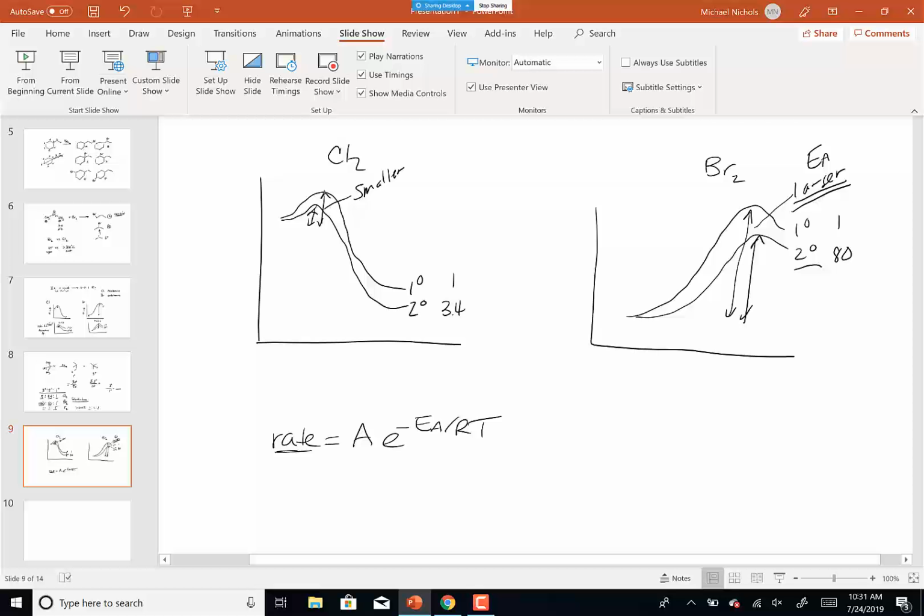So now it's only 5 times faster to form a tertiary, and only 3.4 to form a secondary. So the reason for the difference in selectivity is not the stability of the radical, it's the same radical. What's different is the energy diagram: in one case it's a small activation energy because it's exothermic, in the other it's a large activation energy because it's endothermic.